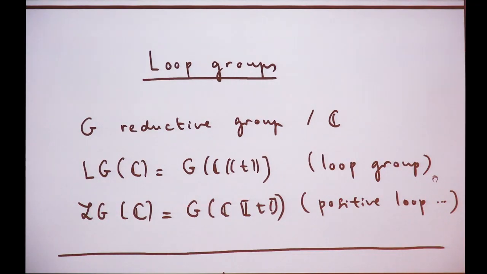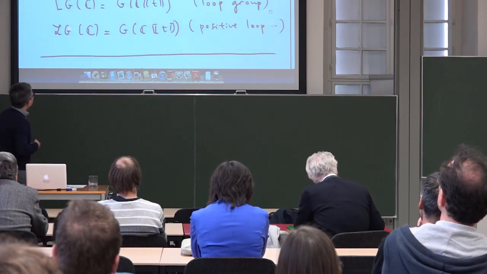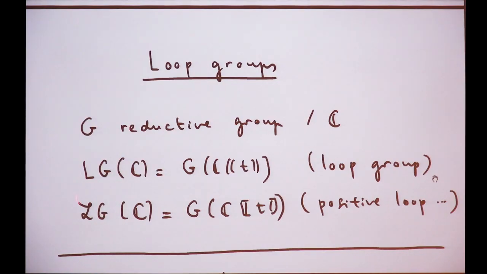So these are the loops. And the positive loop group is those matrices with coefficients in power series, so no poles. So the difference between this is a straight L, and this is some kind of curly L for loop, and for you can say arc space, arcs of the group.